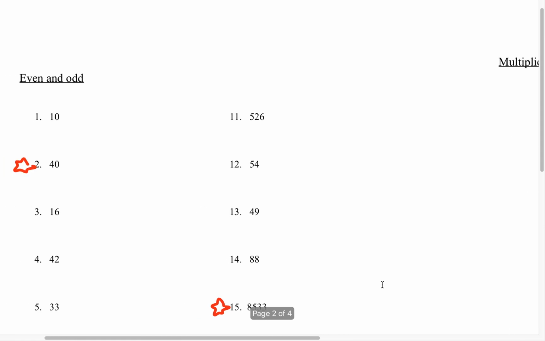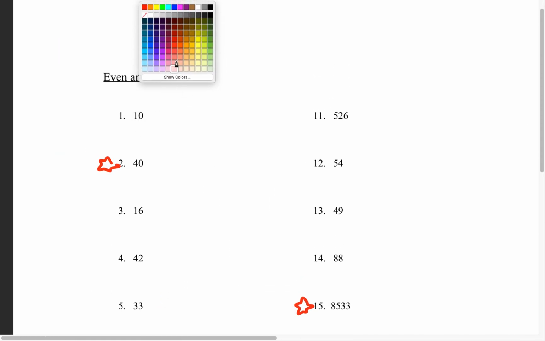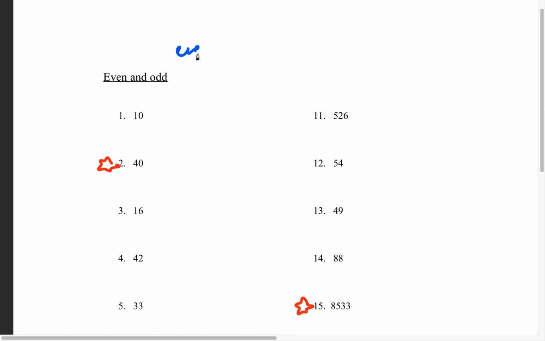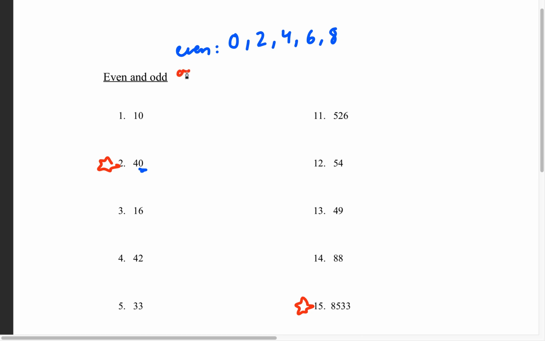Okay. We're going to go through even and odd. Basically, for even numbers, if you want to know which is even, always look at the end digit. If it's either 0, 2, 4, 6, 8, that's a sign it's even. And for odd, it's either 1, 3, 5, 7, 9.